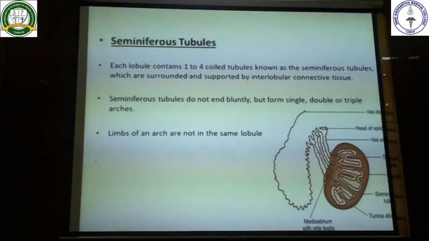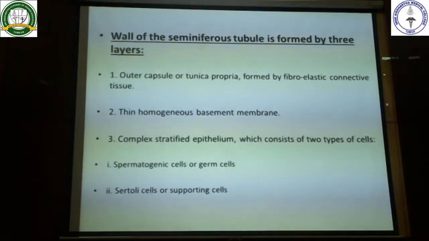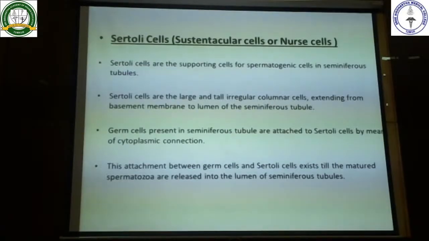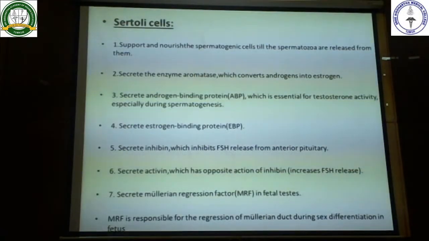And then the seminiferous tubules, in detail we have seen about this. The seminiferous tubules have three layers: the outer capsule or tunica propria, then the basement membrane on which rests the complex stratified epithelium, which is made up of two types of cells, spermatogenic cells or germ cells, and the Sertoli cells or supporting cells. We have seen about the spermatogenic cells, then the Sertoli cells, and the major thing is the functions.